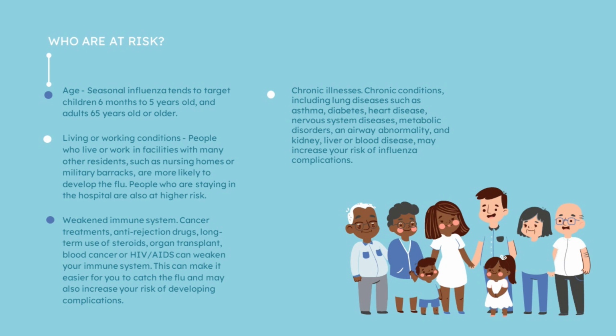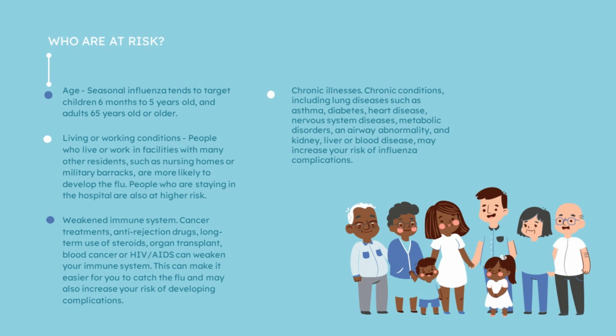People who are staying in hospitals are also at higher risk. Weakened immune system. Cancer treatments, anti-rejection drugs, long-term use of steroids, organ transplant, blood cancer, or HIV or AIDS can weaken your immune system. This can make it easier for you to catch the flu and may also increase your risk of developing complications.